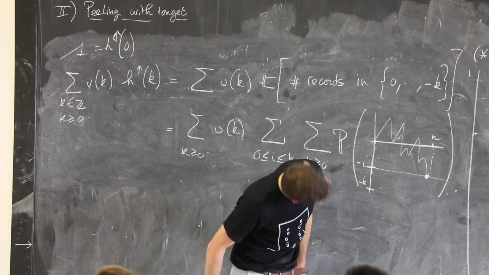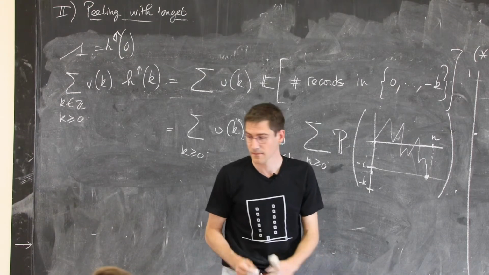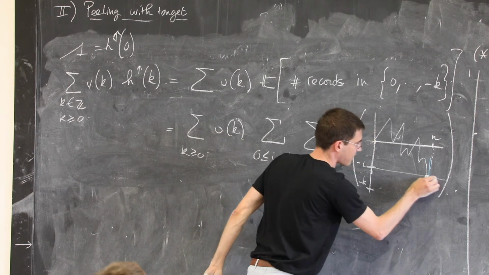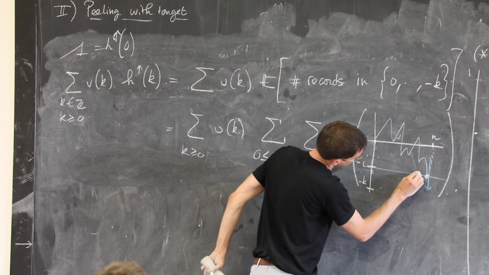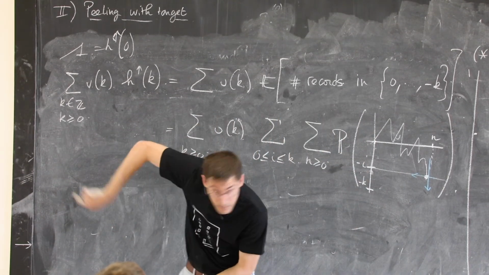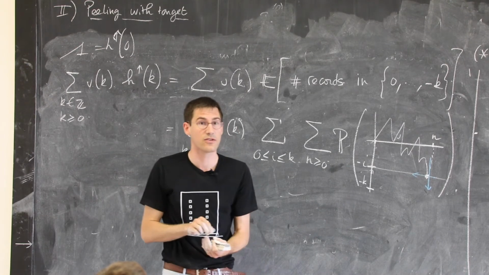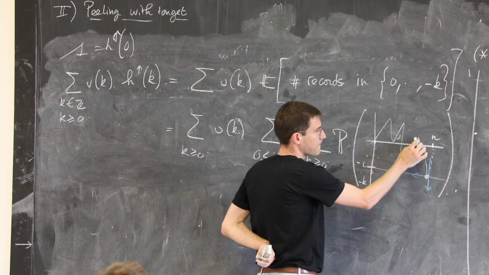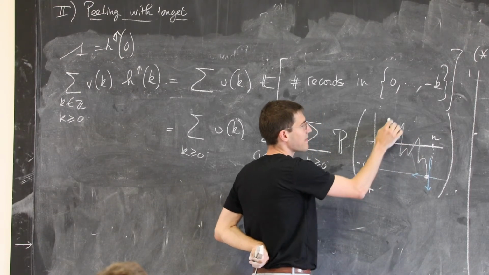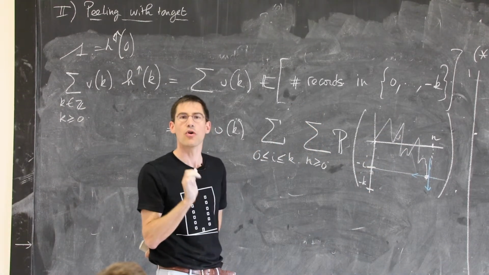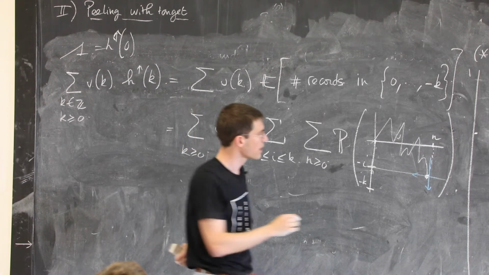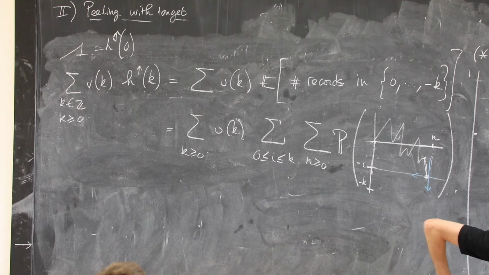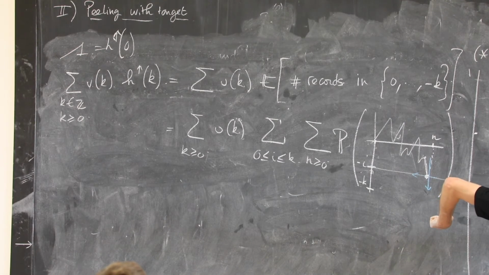I do this, meaning I'm considering this as my new coordinates. What is this process? I claim that this process exactly has the law of my initial random walk, because here you have negative steps. If you look like this, you see negative steps.